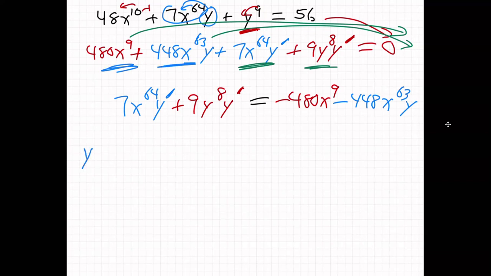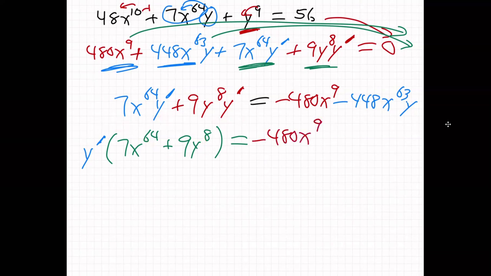Okay, so now factor out the y prime. So I'm going to go, y prime times, this leaves 7x to the 64 plus 9y to the 8, right, because that y prime could go right back. So this equals negative 480 x to the 9th minus 448 x to the 63 y.